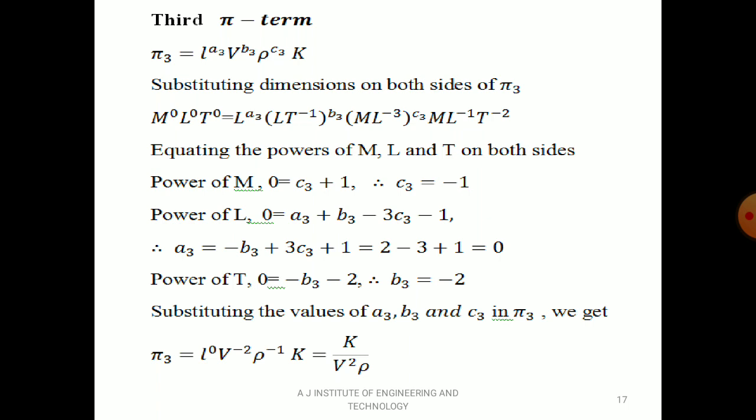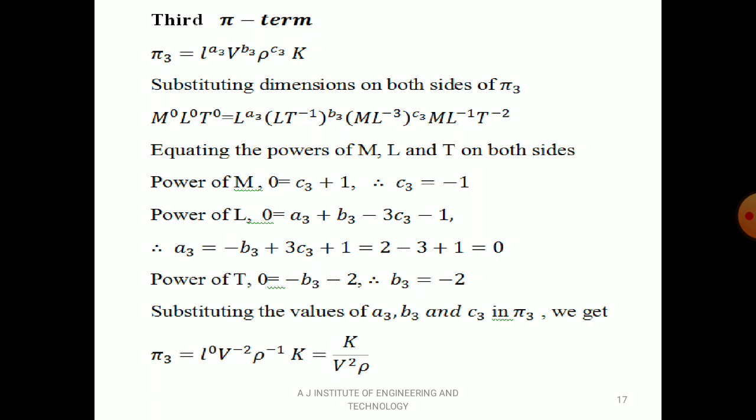Then equating the power of L: on the left hand side L to the power 0, on the right hand side L to the power a3, L to the power b3, L to the power minus 3c3, L to the power minus 1. So 0 equals a3 plus b3 minus 3c3 minus 1. Then equating the power of t: on the left hand side t to the power 0, on the right hand side t to the power minus b3, t to the power minus 2. So 0 equals minus b3 minus 2, therefore b3 equals minus 2.